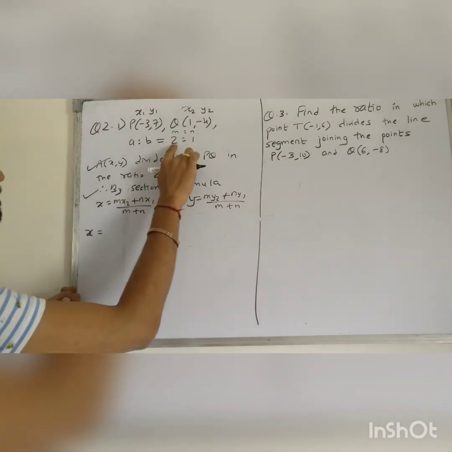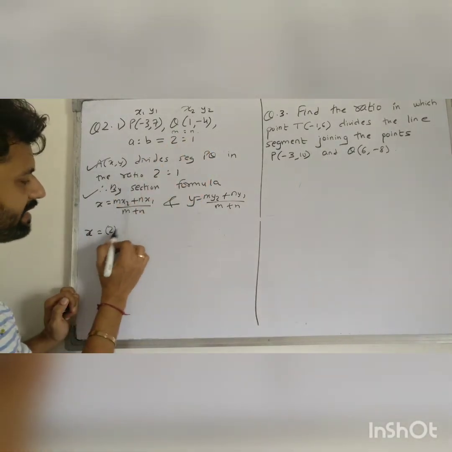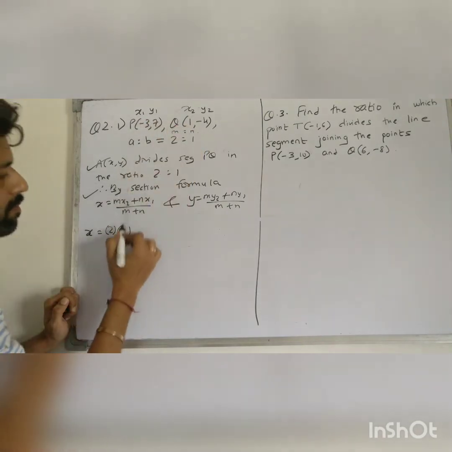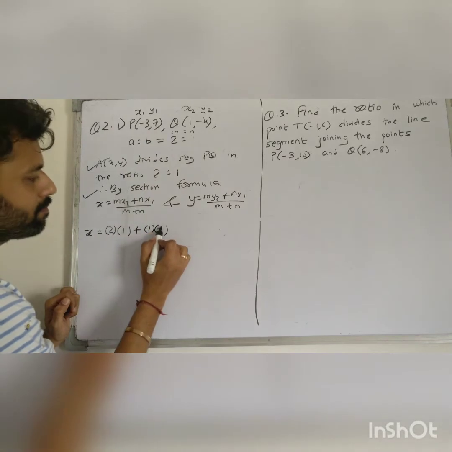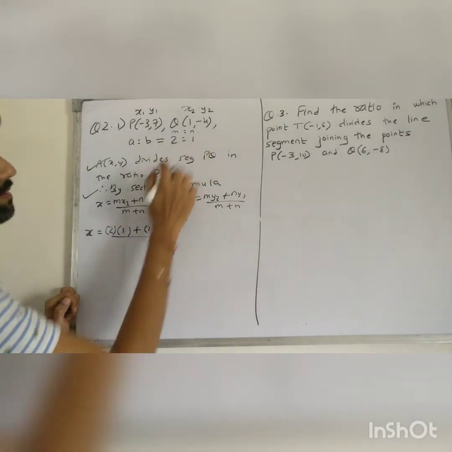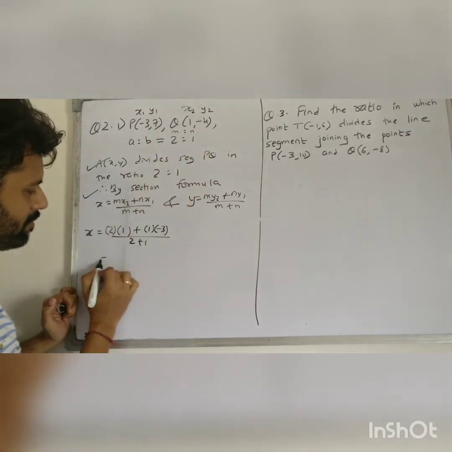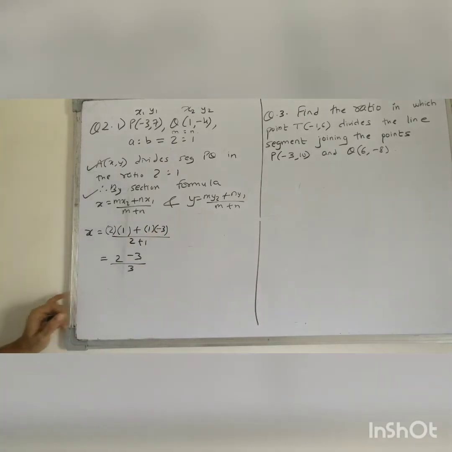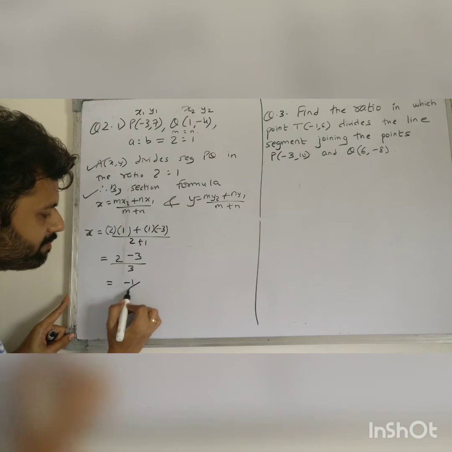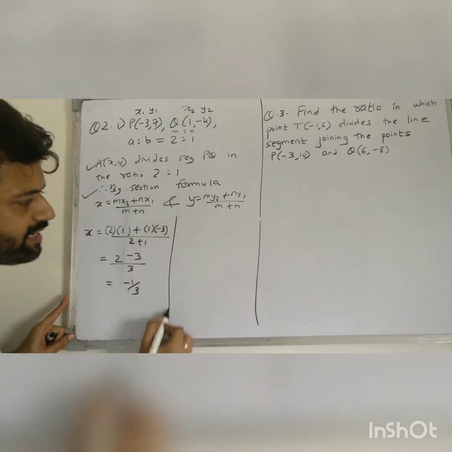This is m, this is n. mx2 plus nx1 upon m plus n. 2 ones are 2, minus 3 upon 3. 2 minus 1 is minus 1, minus 1 upon 3. You can make a partition here if you want.